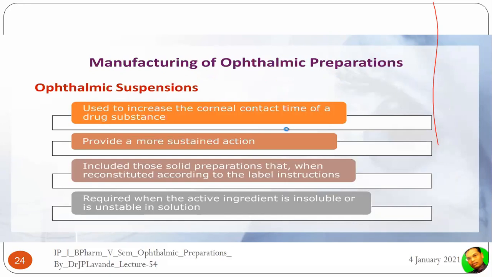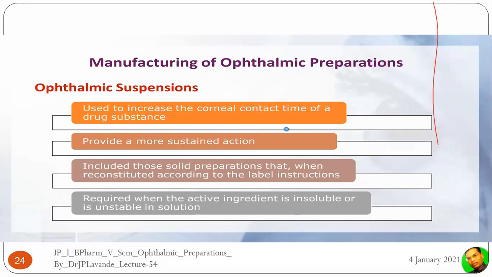It will contain solid particulate matter suspended in the vehicle, right? So ophthalmic suspensions are used for some specific purposes. What are these reasons? The reason for which the ophthalmic suspension is used is to increase the corneal contact time of the drug substance.